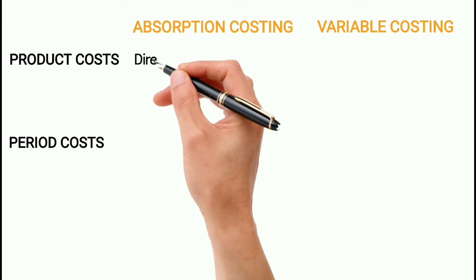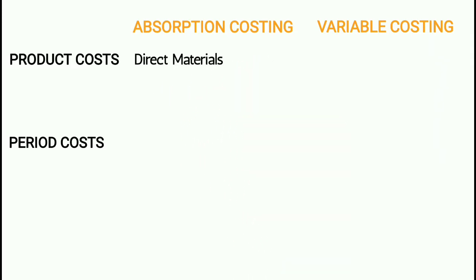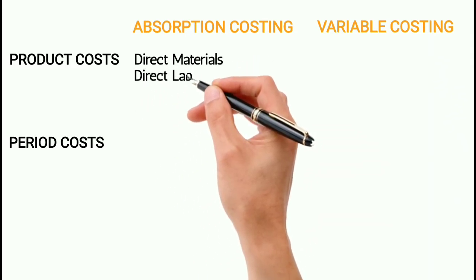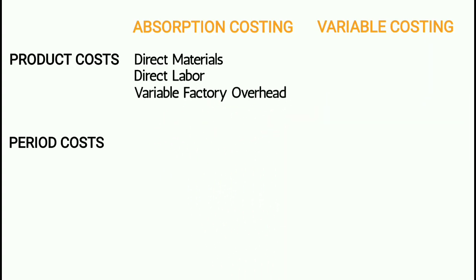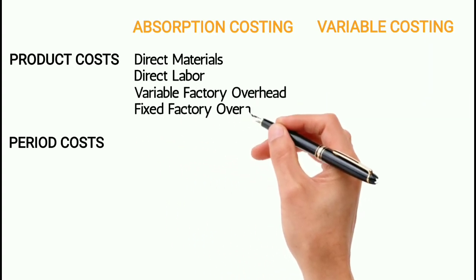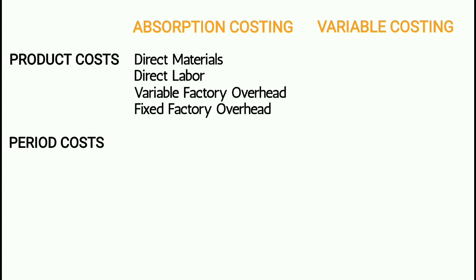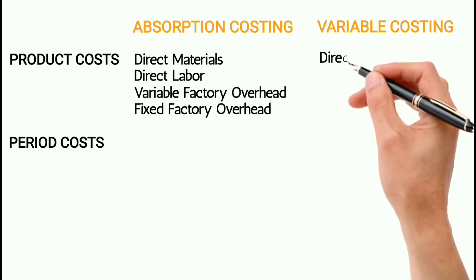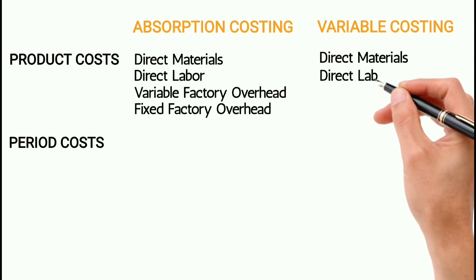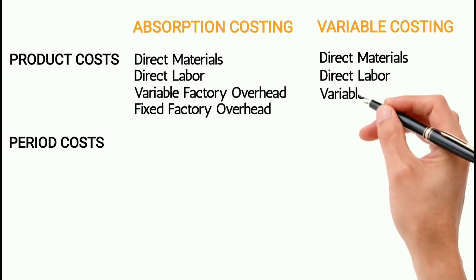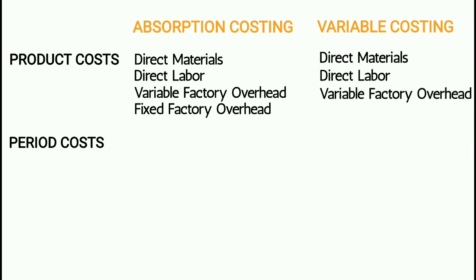Ang product costs sa absorption costing ay direct materials, direct labor, variable factory overhead, at fixed factory overhead. On the other hand, ang product costs sa variable costing ay direct materials, direct labor, and variable factory overhead.